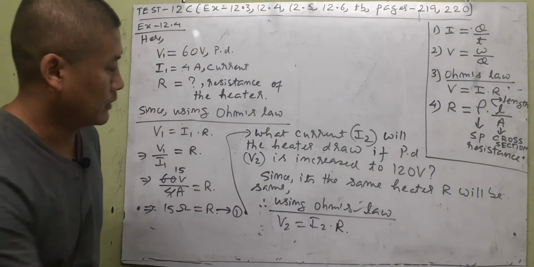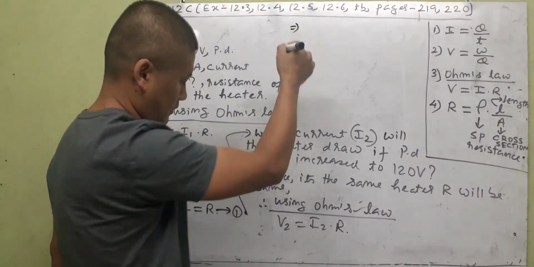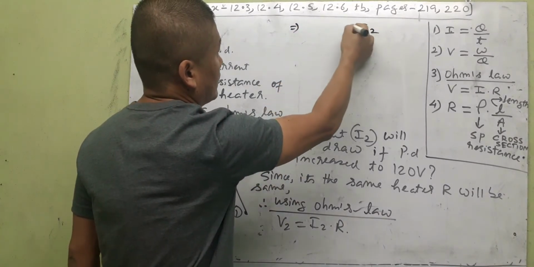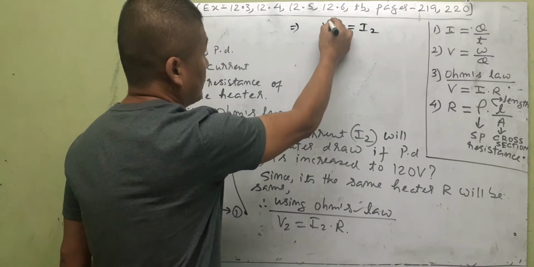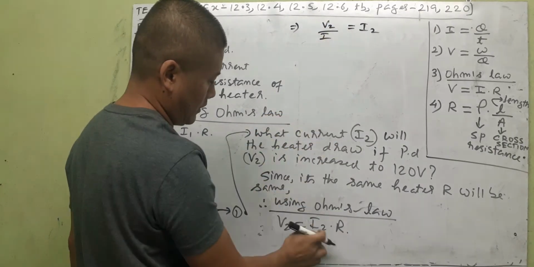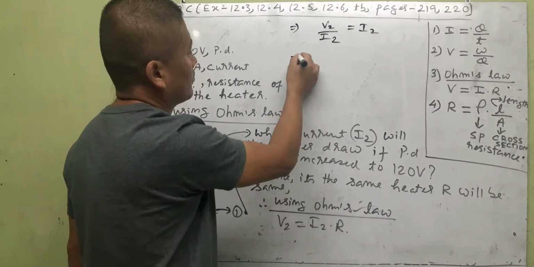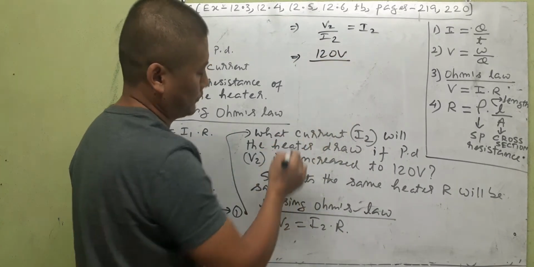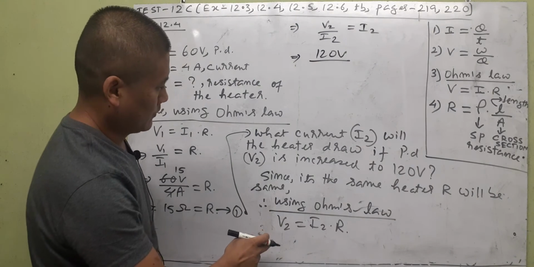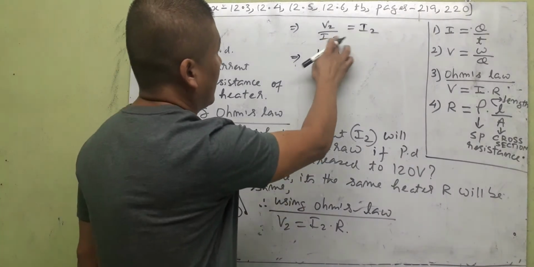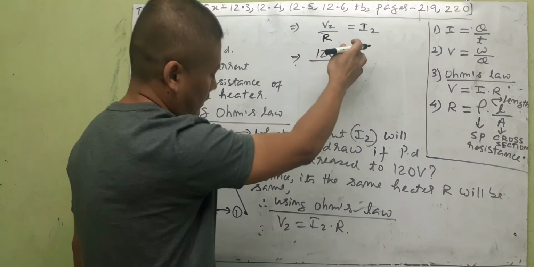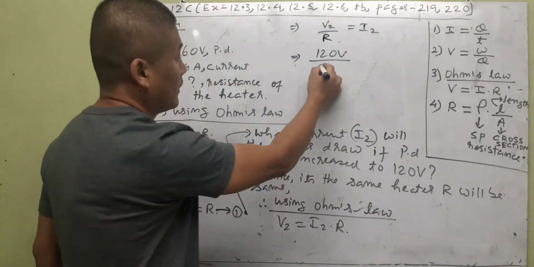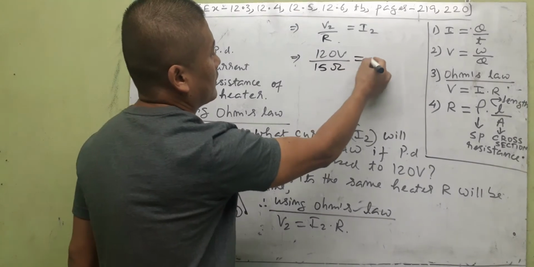So we write that one. Then, what current will it draw? So I2, don't shift that. Then V2 divided by R. So V2 here is increased to 120, divided by R. Sorry, R will be shifted. So the resistance is the same, 15 ohms, because it's the same heater, I2.